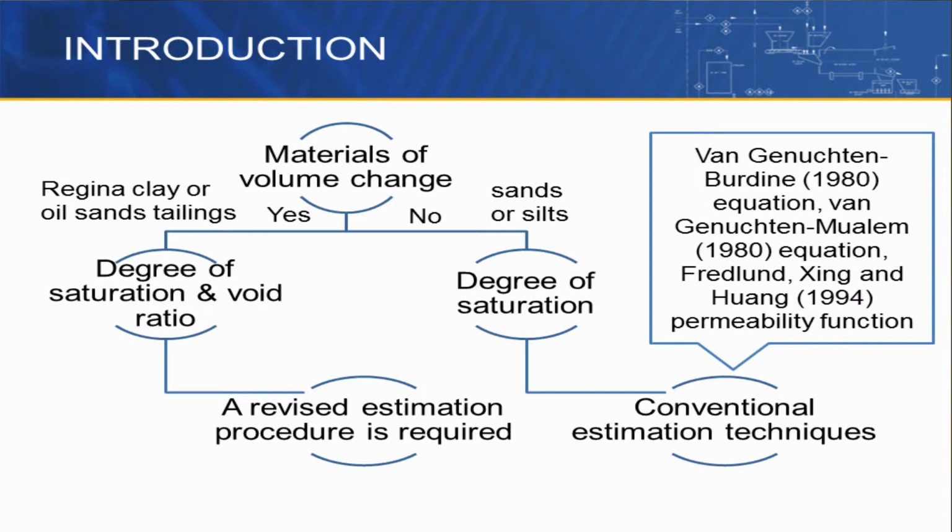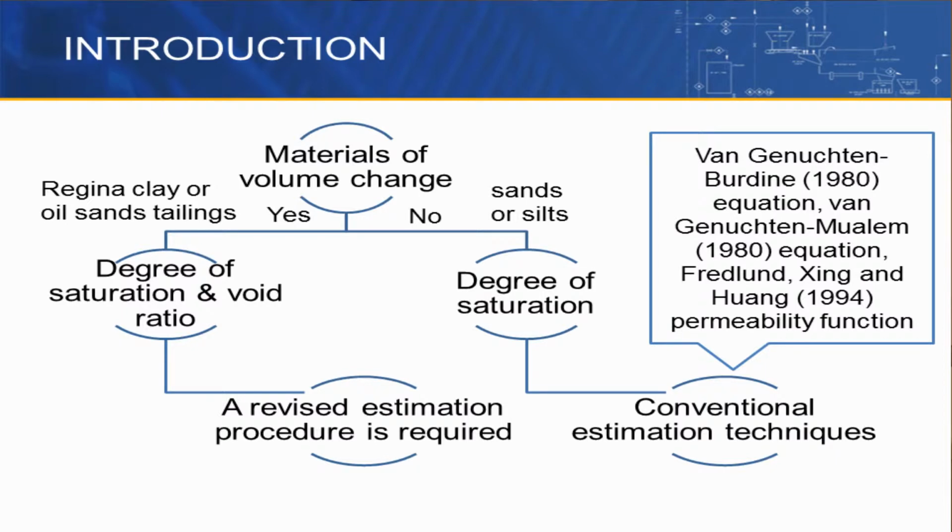But for materials that do not undergo volume change, like sands and silts, only degree of saturation needs to be considered. And upon such assumption, there are lots of estimation techniques that have been proposed. The van Genuchten-Burdine equation, the van Genuchten-Mualem equation, and the Fredlund-Xing permeability function are three well-known permeability functions in the literature.